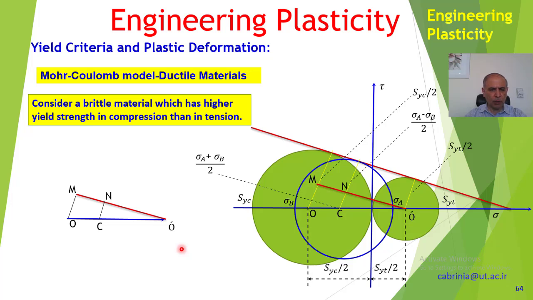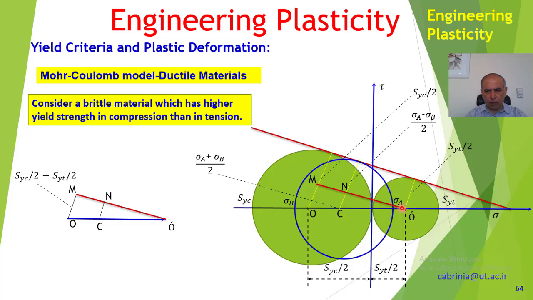Okay, I have a look at this in more detail. Let's have a look. Now this OM, how much is it? It is SYC over 2 minus SYT over 2. Why? Because SYC over 2 is this yellow line.